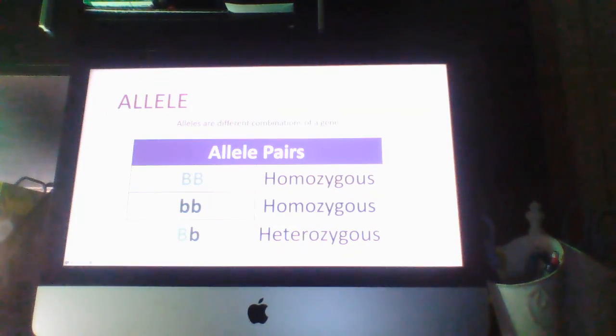Then if you have 2 of the same lowercase letters, these are also homozygous. These all represent a trait of some kind, and we'll look at those again in a minute. When you have a lowercase and an uppercase, those are called heterozygous pairs. Hetero meaning different, more than one kind.